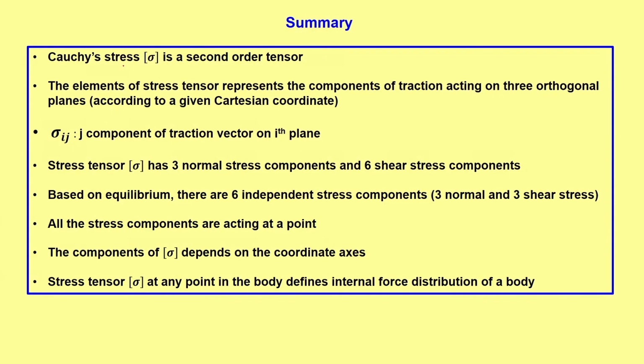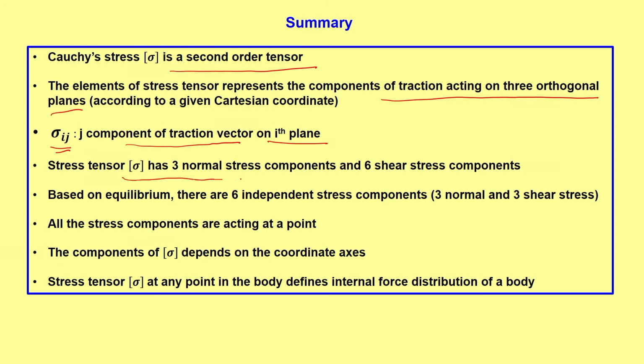So, the final summary of what we learned in this particular lecture is: Cauchy stress sigma is a second order tensor. The elements of the stress tensor represent components of traction acting on 3 orthogonal planes according to a given Cartesian coordinate. Sigma ij means the j component of the traction vector acting on the ith plane.